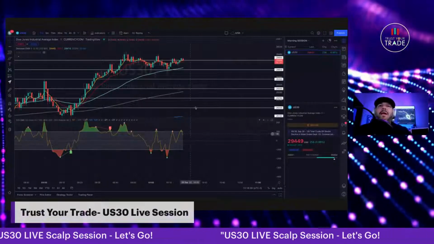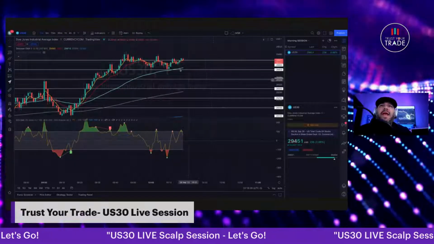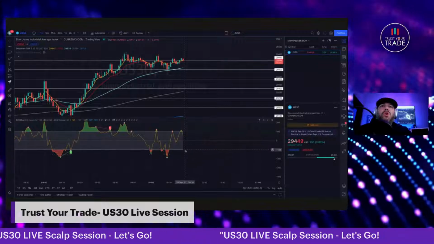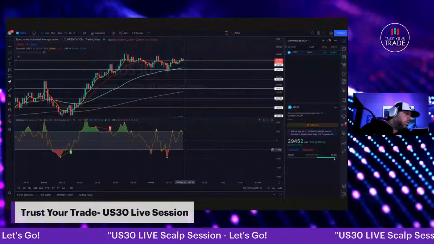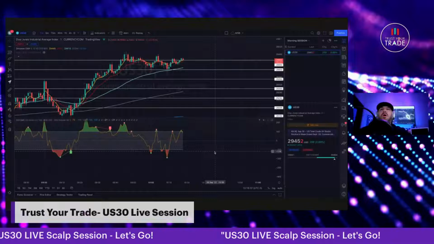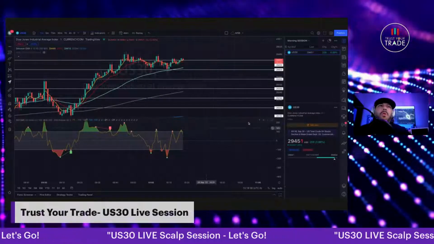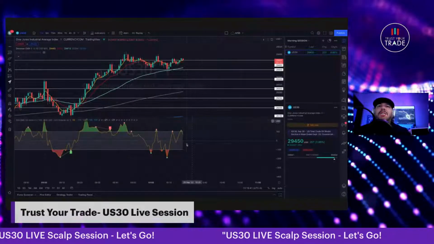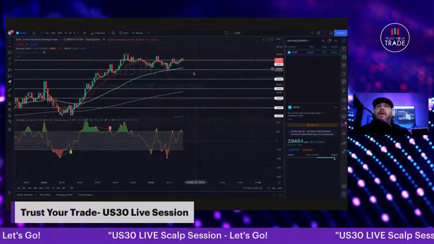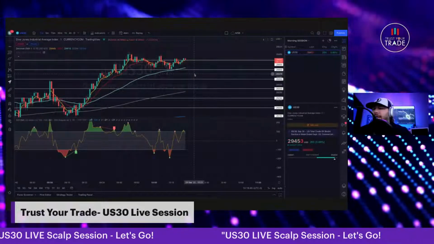Cool. I just took a little bag on the way down there, but again, I'm waiting for this oversold. Let's go. Come back down. We may only come to this 29,400, guys. 29,400 may be our area. Let's just wait and see.